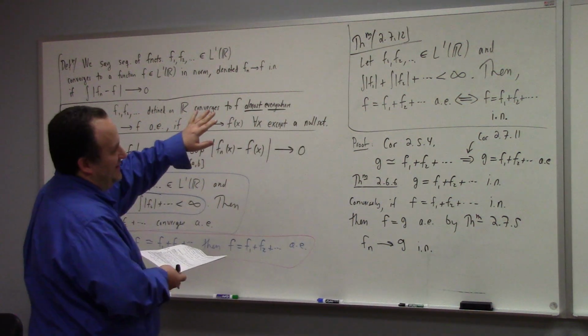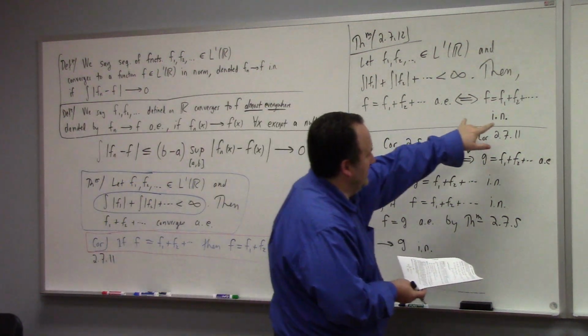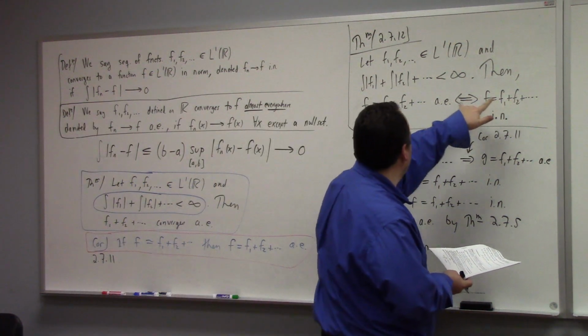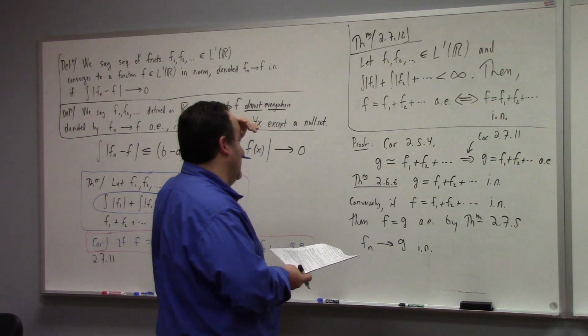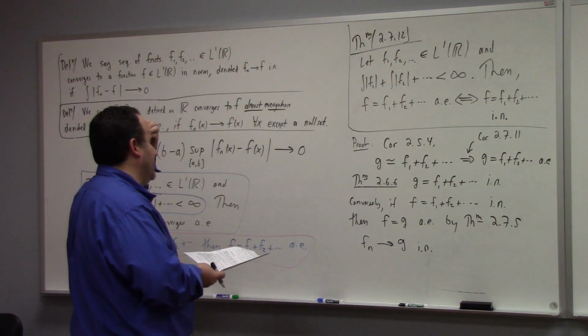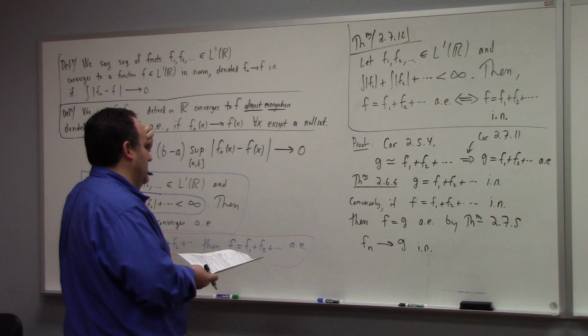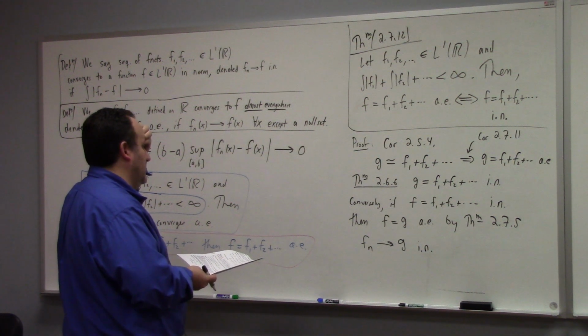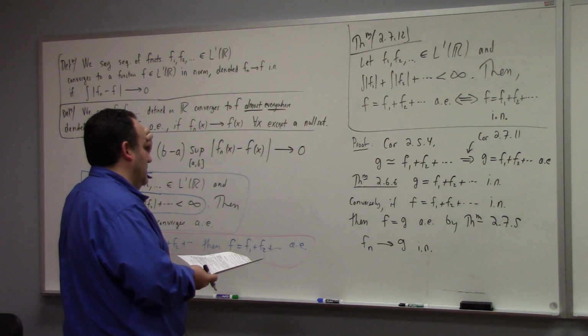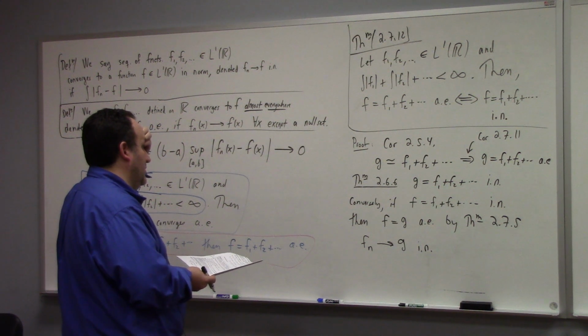We're trying to prove that f is equal to f1 plus f2 and so on. So now we have fn goes to g in norm.